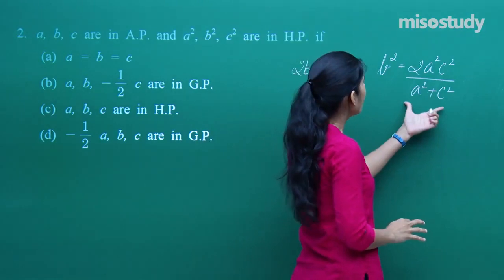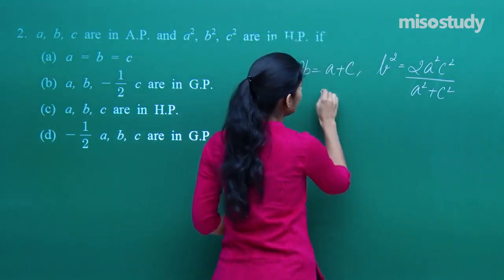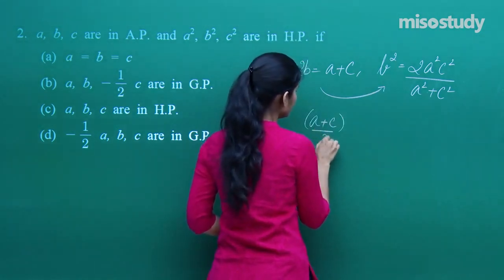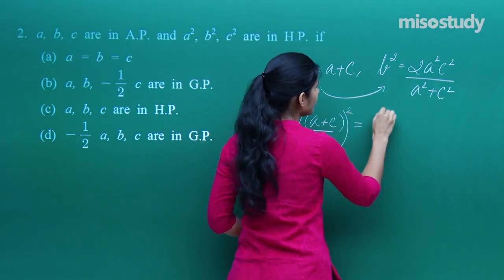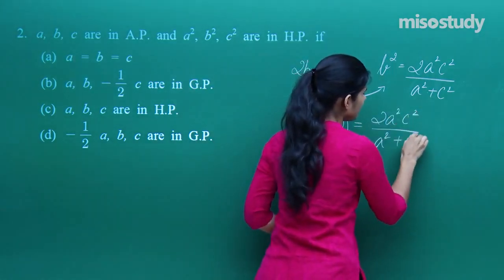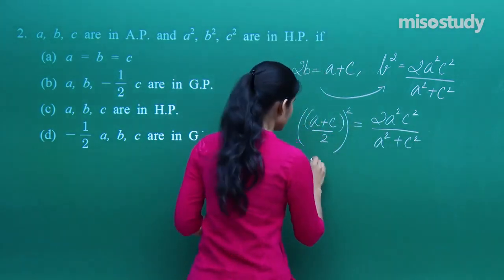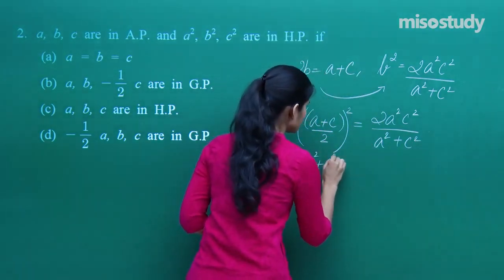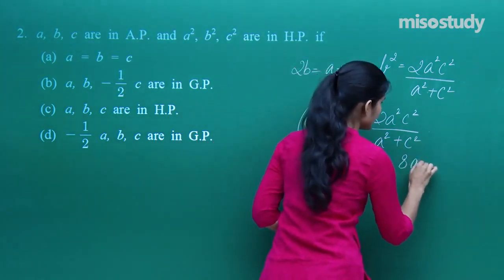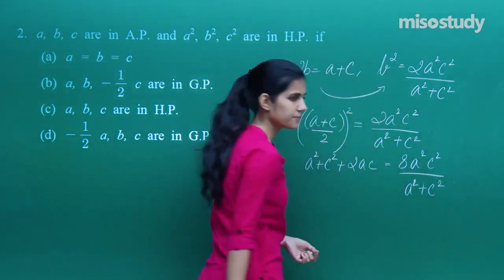So, understand over here, if I eliminate b, because b is (a plus c) by 2, I plug it in over here, I get ((a plus c) by 2) whole square equals 2a square c square upon a square plus c square. So, from here what you get is (a plus c) whole square equals 8a square c square upon a square plus c square.